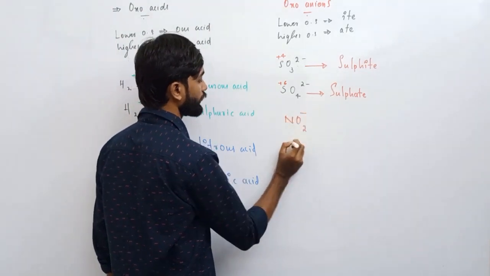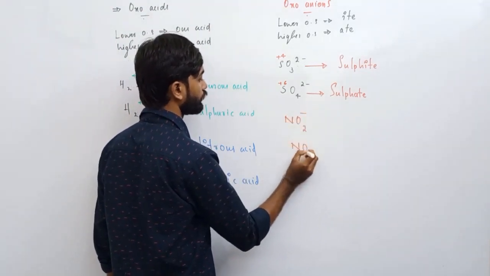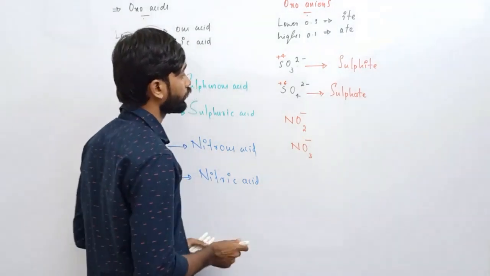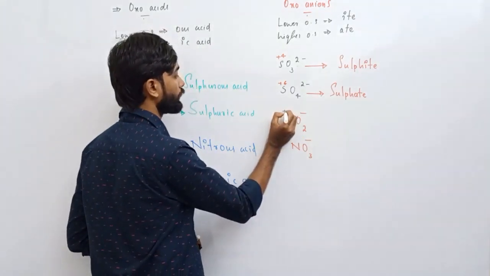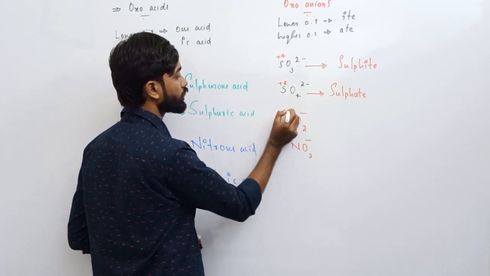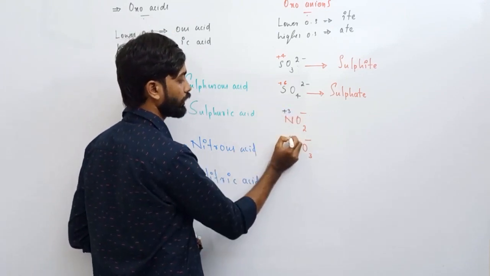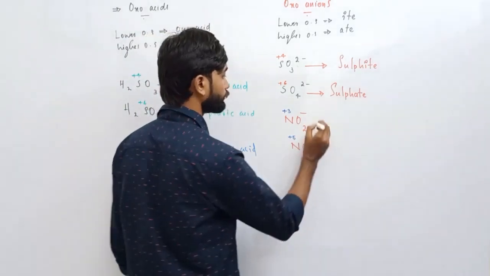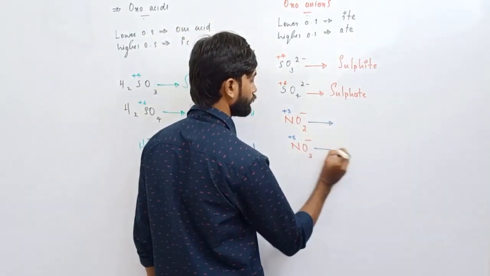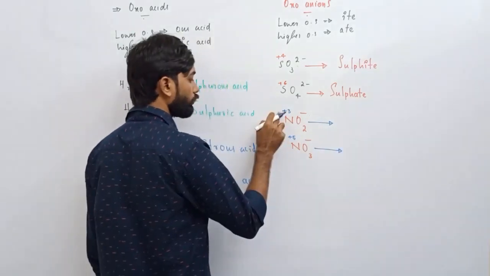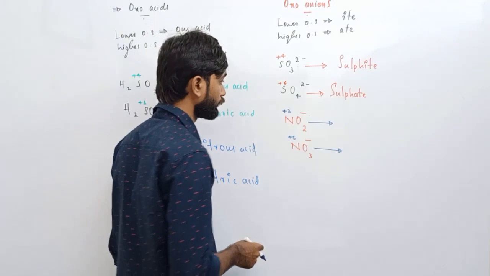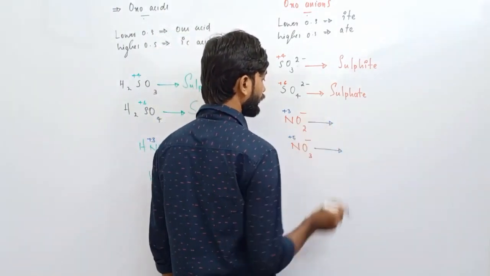What about NO2 minus and NO3 minus? For NO2 minus, the oxidation state of nitrogen is +3, and here we have +5. This is a lower one and this is a higher one. Ready?